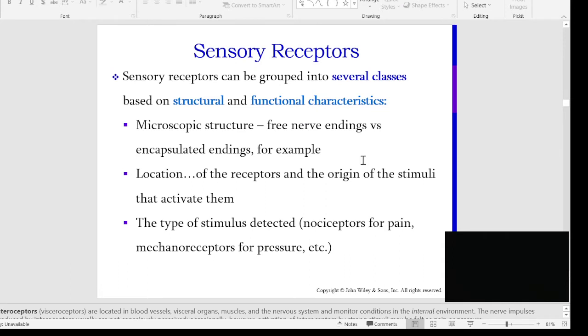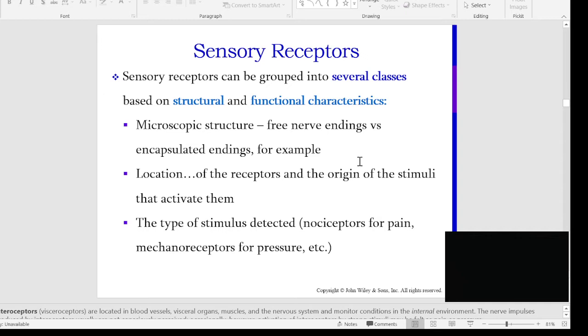So, naay mga microscopic structures sa ato ang sensory receptors. They are either free nerve endings. When you say free nerve endings, wala na silay covering. We call it unencapsulated. And we have also encapsulated, meaning naay covering.